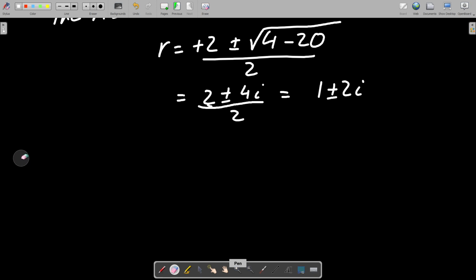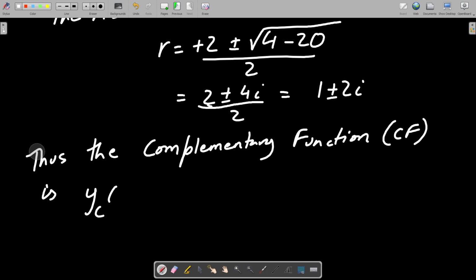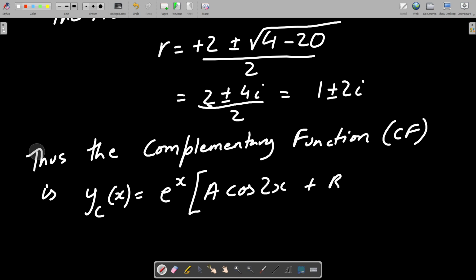Okay, so thus the complementary function, I'll refer to this as just CF in the subsequent videos, is yc of x, which is going to become e raised to x, a times cos of 2x plus b times sin of 2x.